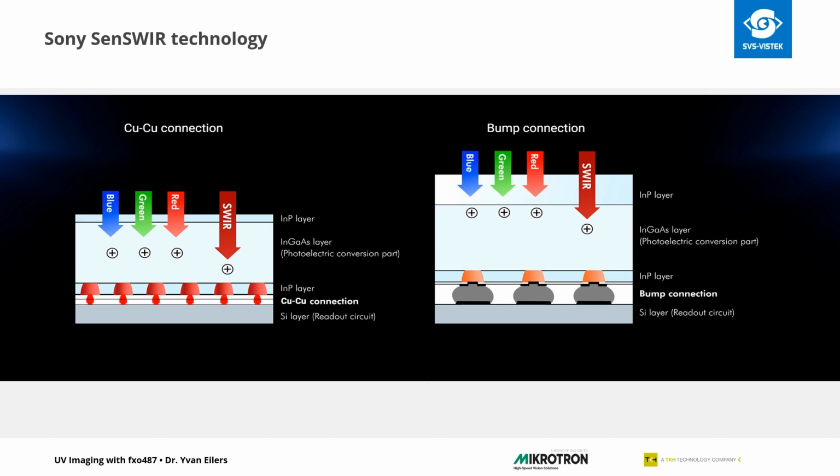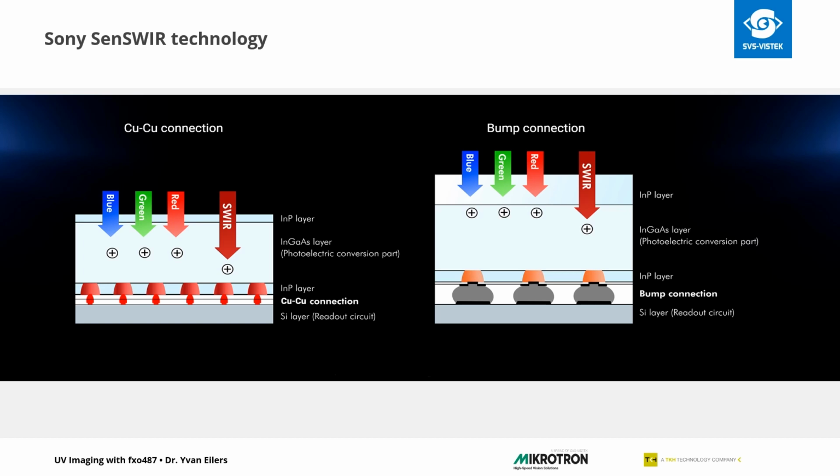This results in a reduction of the pixel size from typically 10 micrometers or more to a small pixel pitch of 5 micrometers. This allows the production of compact sensors with less material usage, which results in attractive price points for an indium-gallium arsenide sensor while maintaining high image quality.